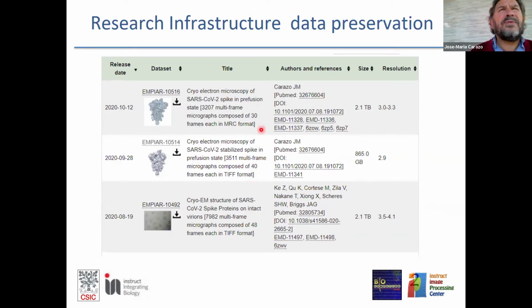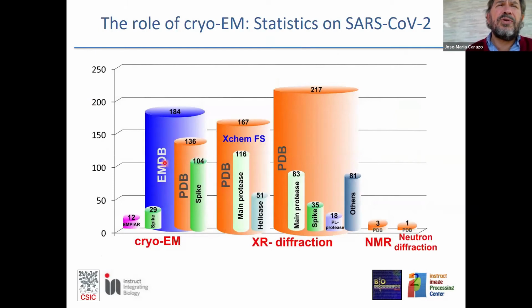And here you have the screenshot of what you get in EMPIAR. And still we have a long way to go, because this is really the data set with raw data, with micrographs and all that, that have been deposited in EMPIAR as compared to those that have been deposited in EMDB. So still we have a long way to go.